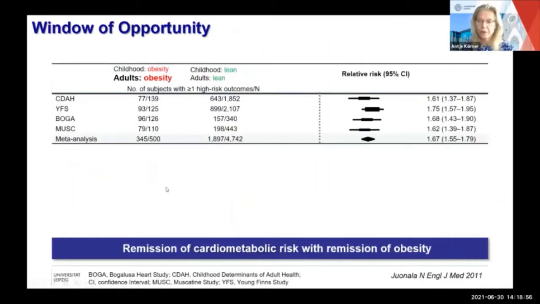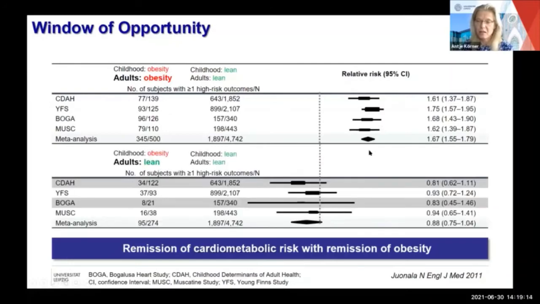And this is also further supported by this meta-analysis covering some of the biggest epidemiological population studies, again showing that if childhood obesity persists into adulthood, then there's an increased risk for cardiometabolic disease.